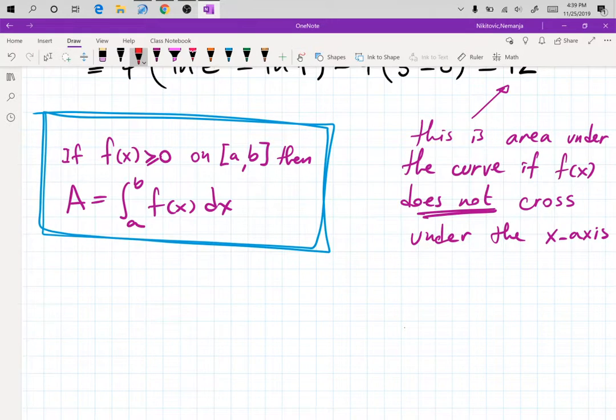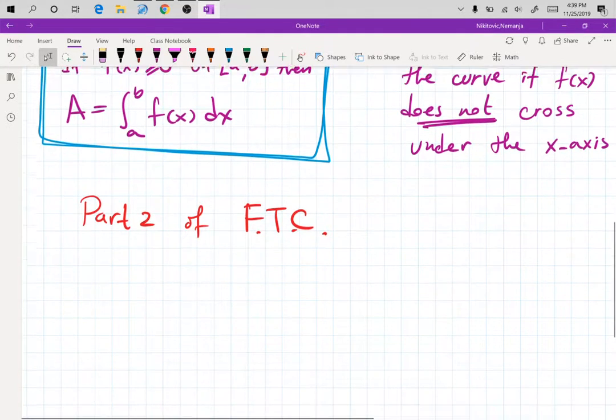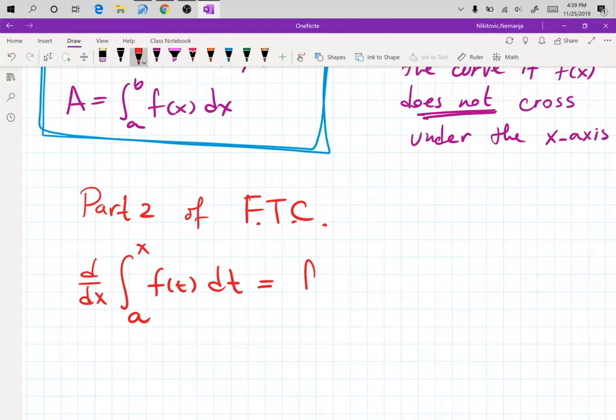And now we take a look at part 2 of the fundamental theorem of calculus, and this is the part where we see that the derivative of the integral from a to x of f of t dt is equal to f of x.